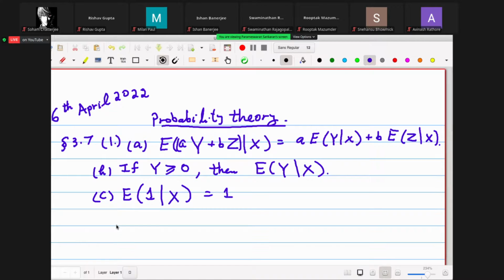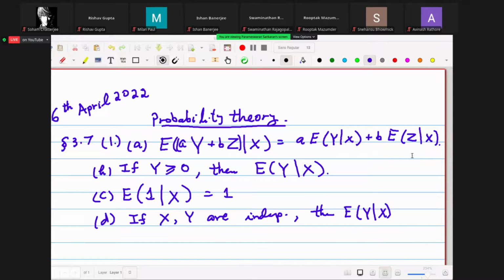And some more subdivisions are there. I'll just write, but maybe I won't have time to discuss every one of them. Yeah, this I will discuss. D, if x and y are independent discrete random variables, then the expectation of y given x is equal to just the expectation of y.